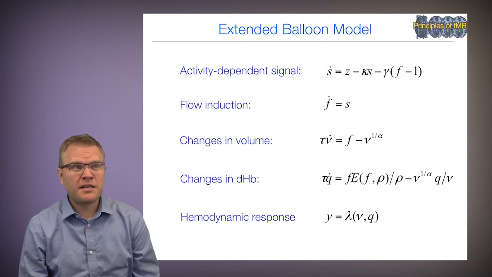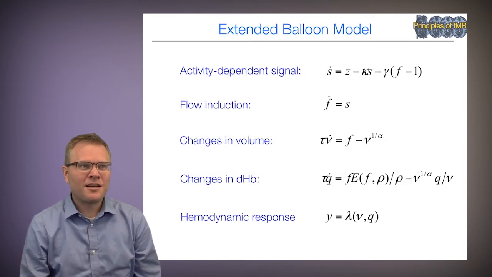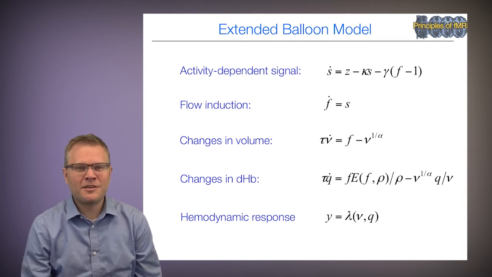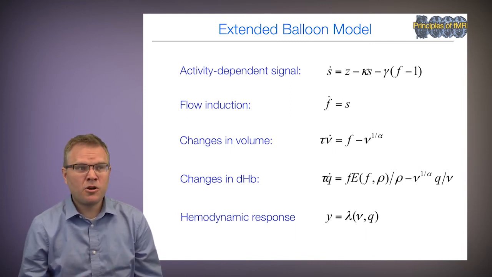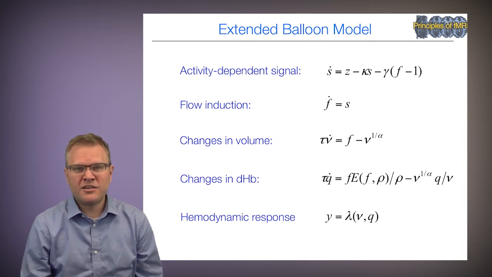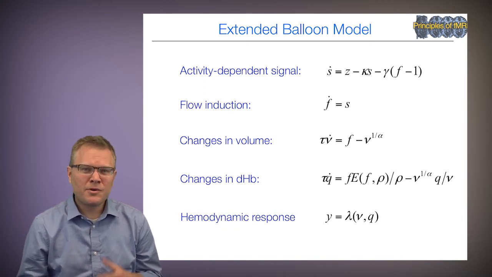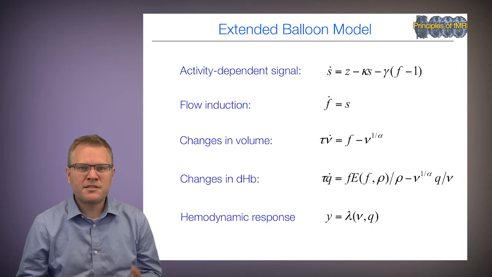So this is what the extended balloon model looks like, and it's not for the faint of heart. So it's a series of differential equations showing how changes in activity-dependent signal, flow induction, changes in blood volume, and deoxyhemoglobin lead to the changes in the hemodynamic response. So we're not going to go into this in detail, but just kind of wanted to give you a flavor that equations like this exist.